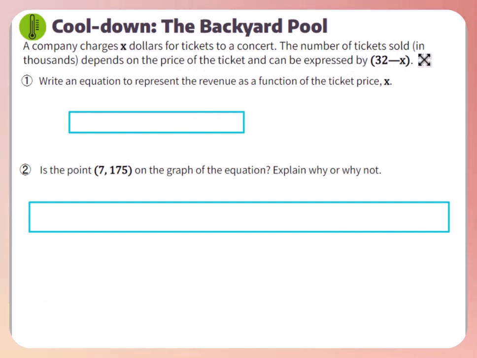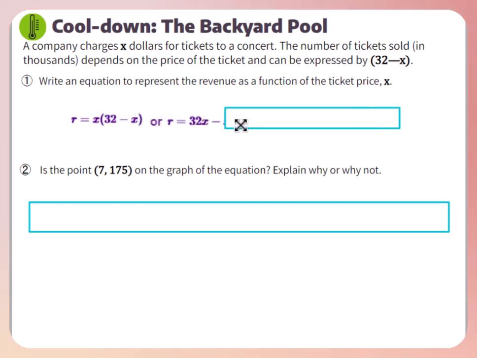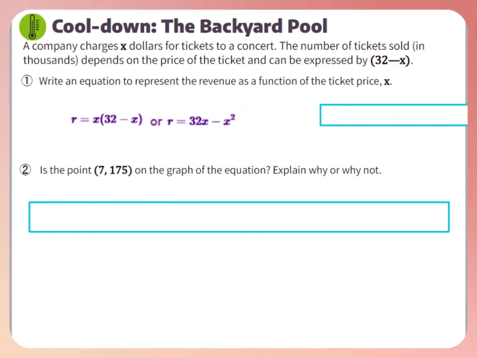The number of tickets sold in thousands depends on the price of the ticket and can be expressed by 32 minus X. Write an equation to represent the revenue as a function of the ticket price X. Okay, so the revenue R is equal to X, that's the price per ticket, times 32 minus X. Now you can distribute that and write it as 32X minus X times X, which is X squared.